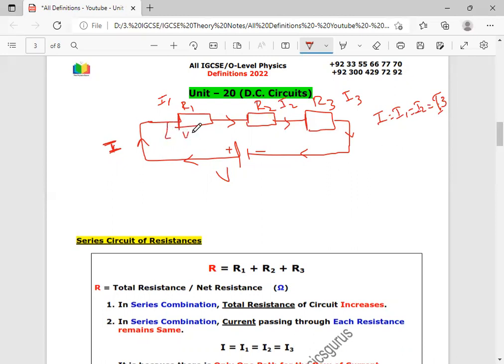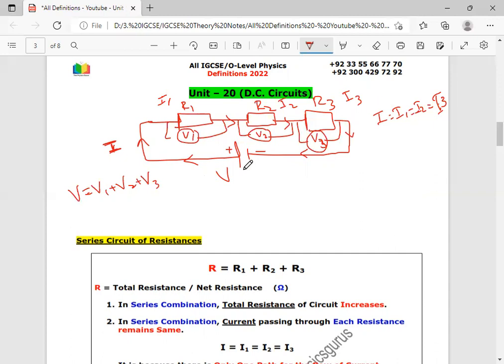But voltage across each resistor will be different, and it depends on the value of the resistor used in the circuit. So in series circuit, V is equal to V1 plus V2 plus V3. When we add up these three voltages, this will give us the voltage of the battery.